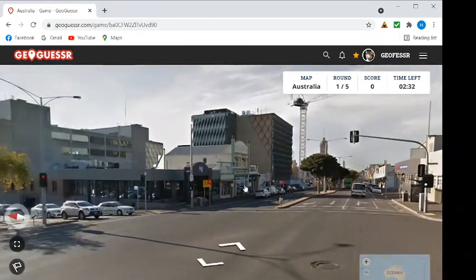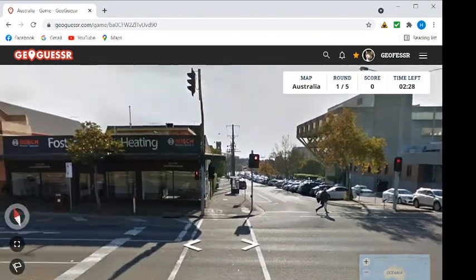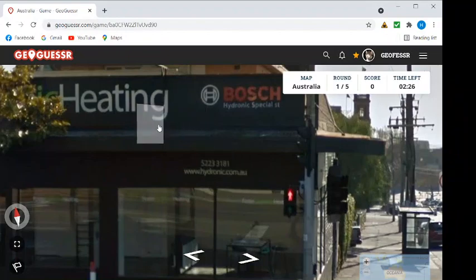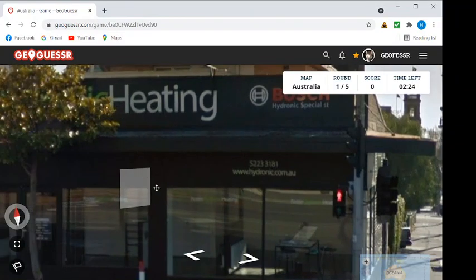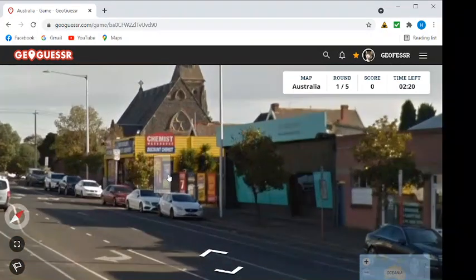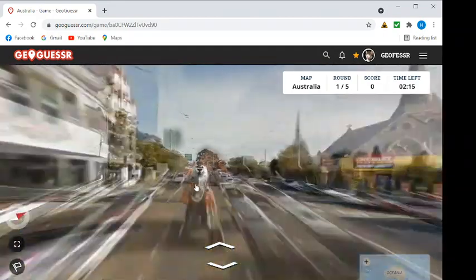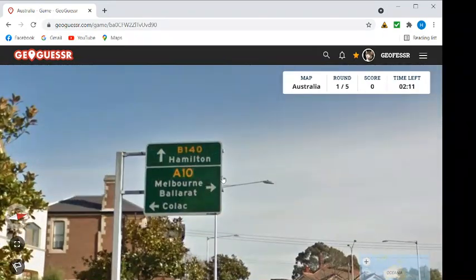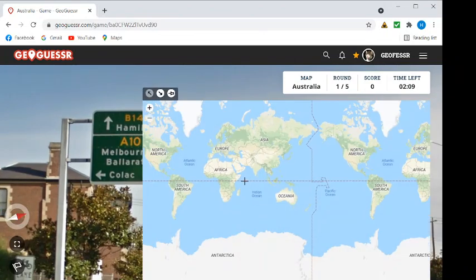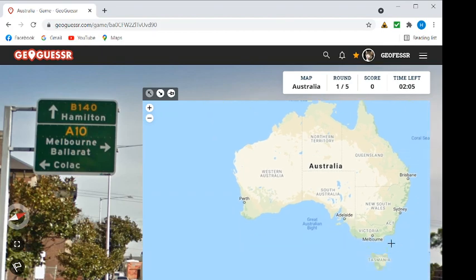There's some old buildings, so we may be near the center. Hydronic.com.au. Again, 8-digit phone number, no area code. Chemist. Oh, there's a sign that tells us where things are. We have A10 Melbourne, Ballarat, Colac, and B140 Hamilton.